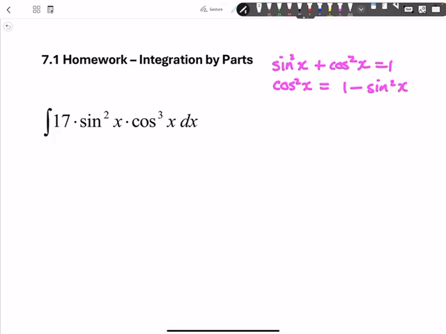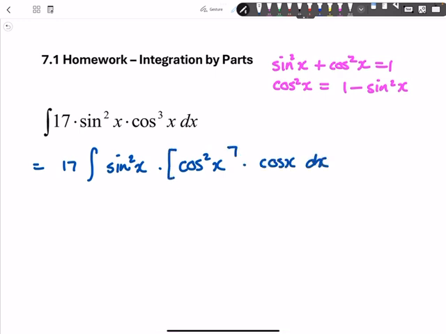So what I'm going to start by doing here is just rewriting this problem as 17 times the integral of sine squared of x times cosine squared of x times cosine of x dx.